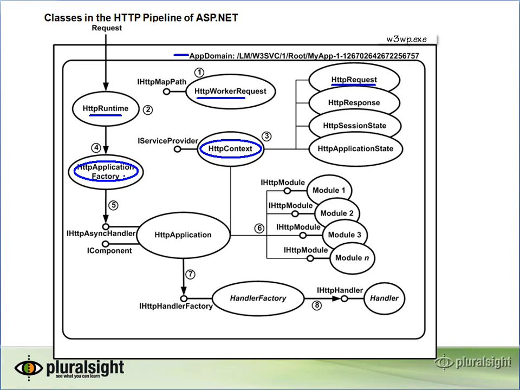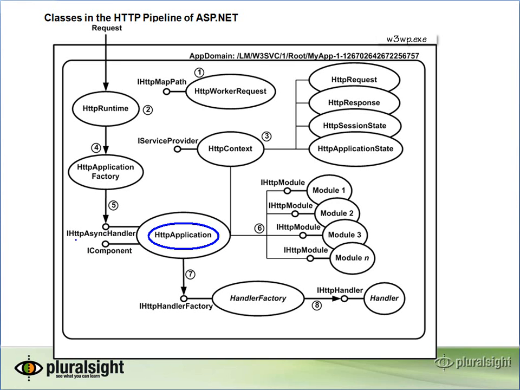So the application factory is going to construct an instance of the application class, which by default is HTTP application. So that's the standard class in ASP.NET that represents an application. And there is conceptually one of these per application, although in practice you actually end up getting multiple instances. But conceptually, the way you want to think about it is this is your global object.